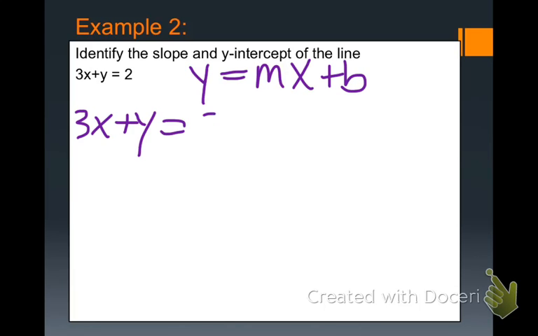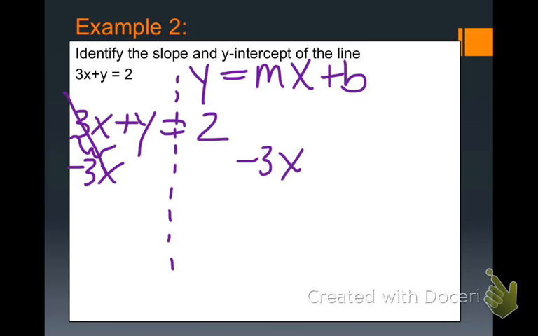So remember, because we need to move that x across the equal sign, we have to do it all at once. And since that's a positive 3x, I want to subtract 3x from both sides. So I'm left with y equals 2 minus 3x. Well, that looks a little bit different than our slope-intercept form.